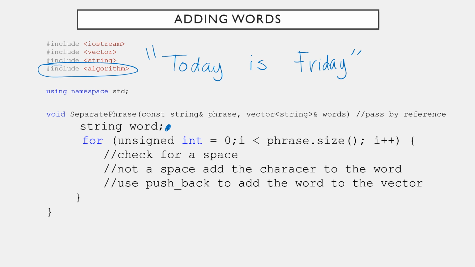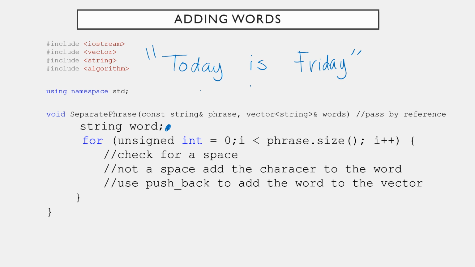But that's really straightforward. It's one simple line to reverse it. But what we want to do is reverse the words. So we want to change this from today is Friday to Friday is today. The way that we're going to do that is we're going to use a vector. We're going to practice by using a vector to do that.